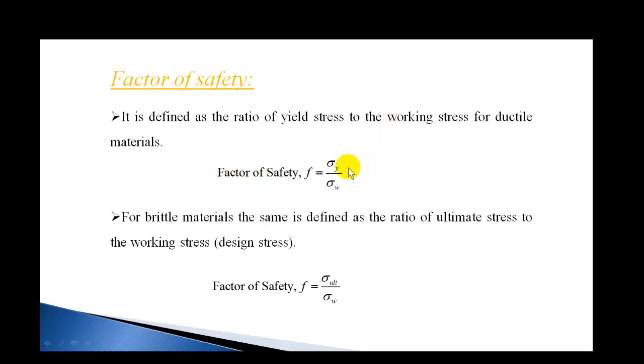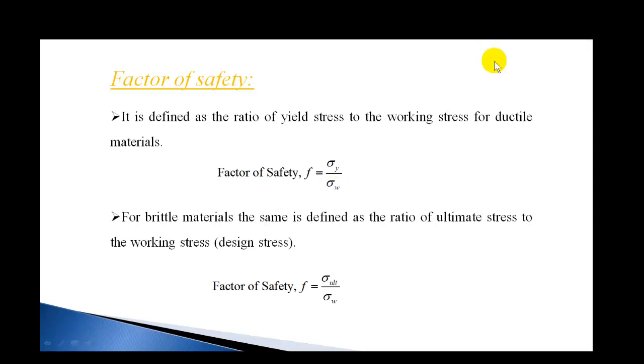Even though yield stress is 200, we are limiting the working stress, or design stress, to 100 megapascal, so that when the material is loaded with the maximum load, the stress is only 100 megapascal and you are safe.